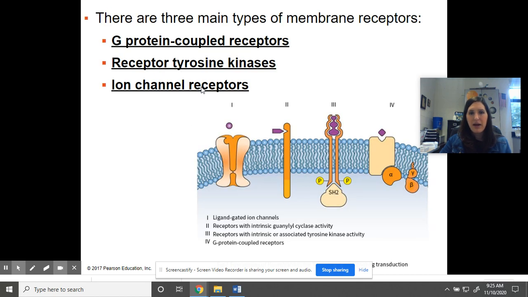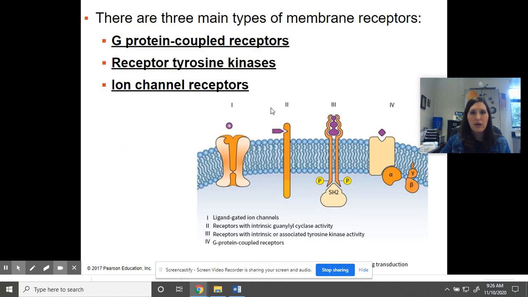There are three main types of membrane receptors, and yes, you do have to memorize this. There are G proteins, there are receptor tyrosine kinase, and there are ion channel receptors. We've talked about ion channels before, that they have a charge that goes through them, okay? So here's three different types of receptors that are coming through here.